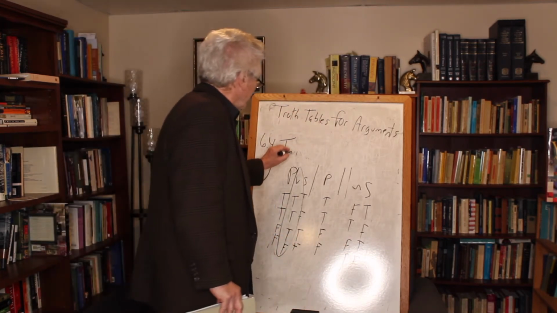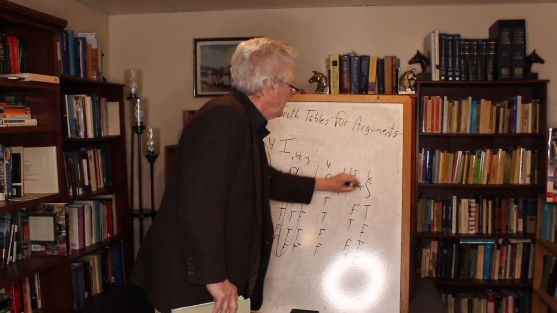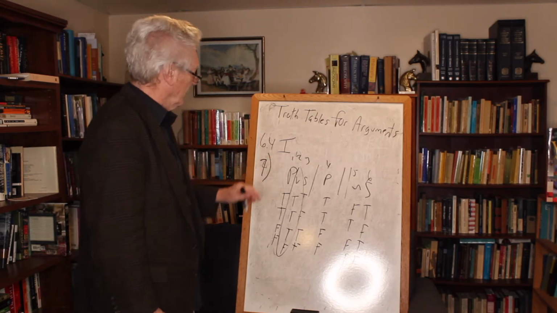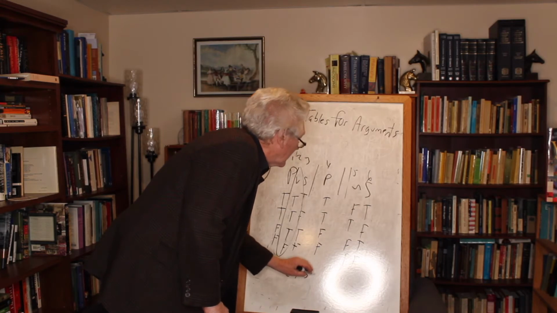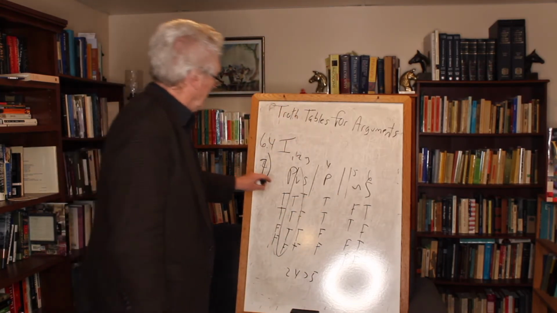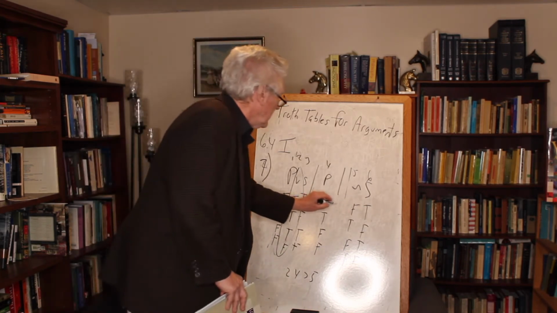Looks like we've got 6 columns, might as well number them. In order to get to the test of validity, we have to look at 2, 4, and then horseshoe 5. We're not testing S, we're testing not S. So true, true, false. On the first row, we have false here.